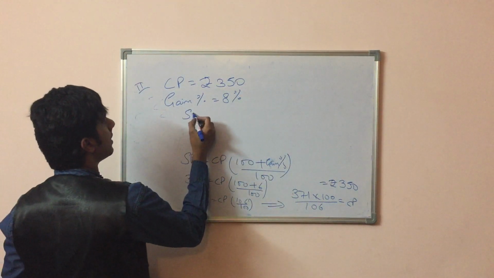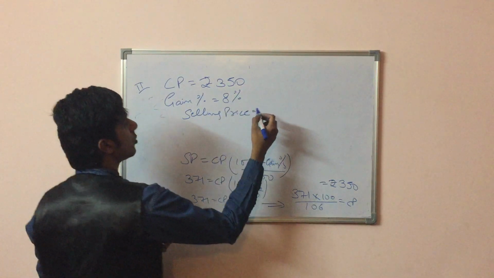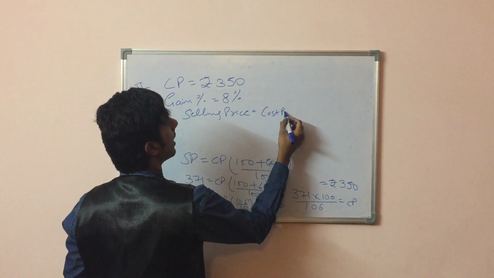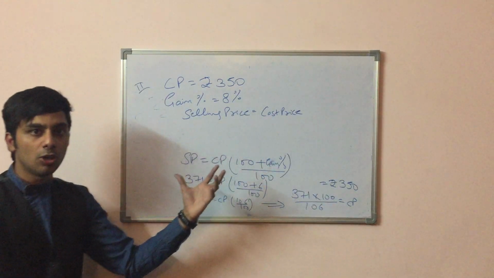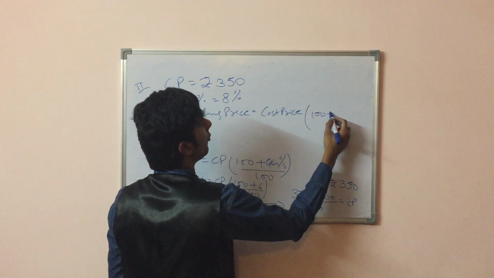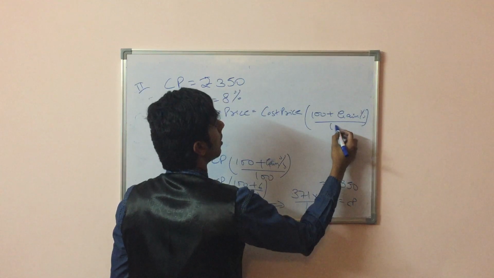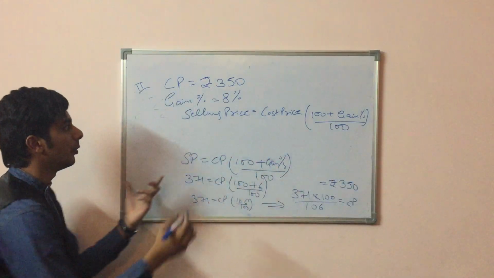So selling price is equal to cost price, or you can say CP also, into 100 plus gain percent upon 100, right?